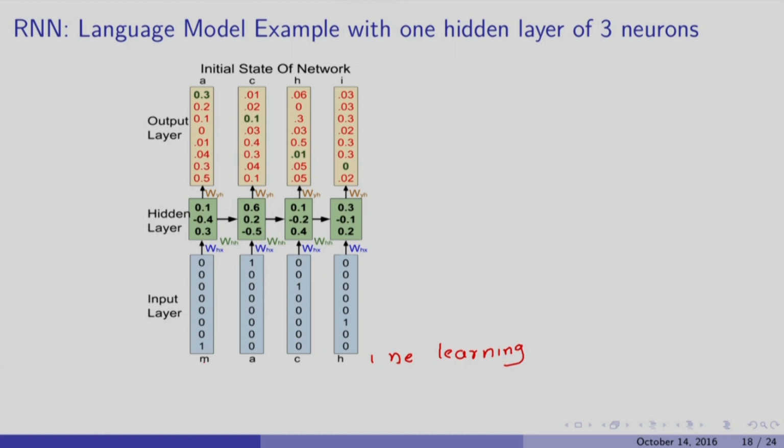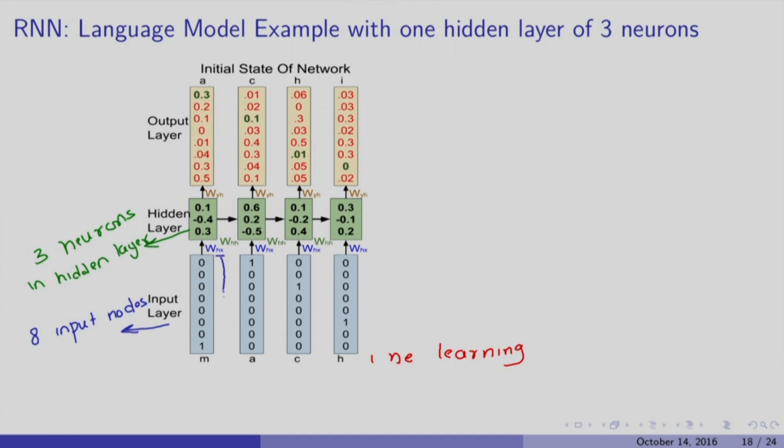Well, we look at what character was typed in initially, M, and there's some configuration of hidden layer. What we see here is 3 neurons in hidden layer corresponding to 8 input nodes.